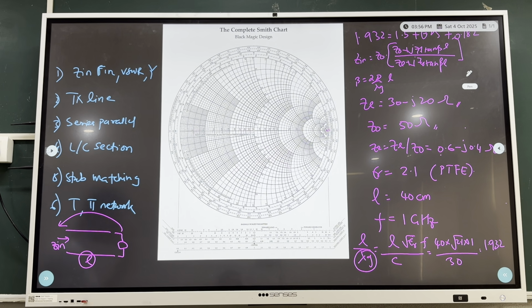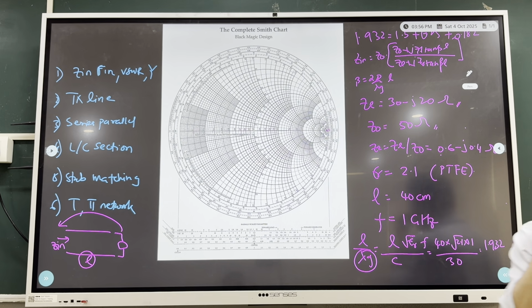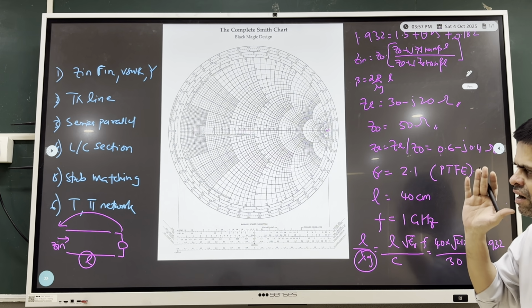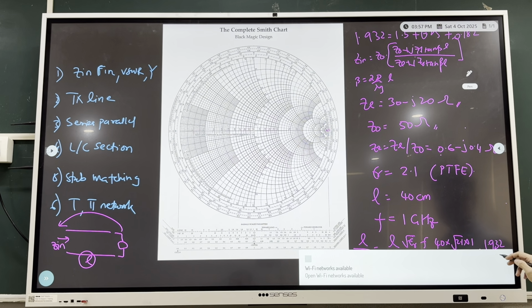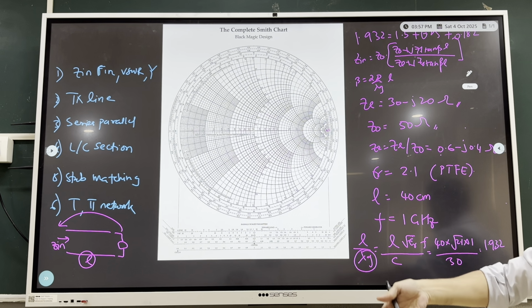Remember, in the Smith chart we never specify absolute values because it is a generic tool applied for all frequencies, and always the parameters in the Smith chart are either normalized or expressed in terms of wavelength. So we should be clear with either the normalized values when it comes to impedances, or with the length of the transmission line in terms of operating wavelength.